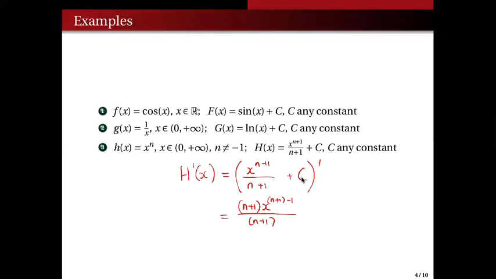And the derivative of c is again 0. Now you can cancel n plus 1 here and n plus 1 here. While the exponent, you have n plus 1 minus 1, and so you will just get n as the exponent. And therefore, since this is your small h of x, capital H here is actually the general antiderivative of small h.